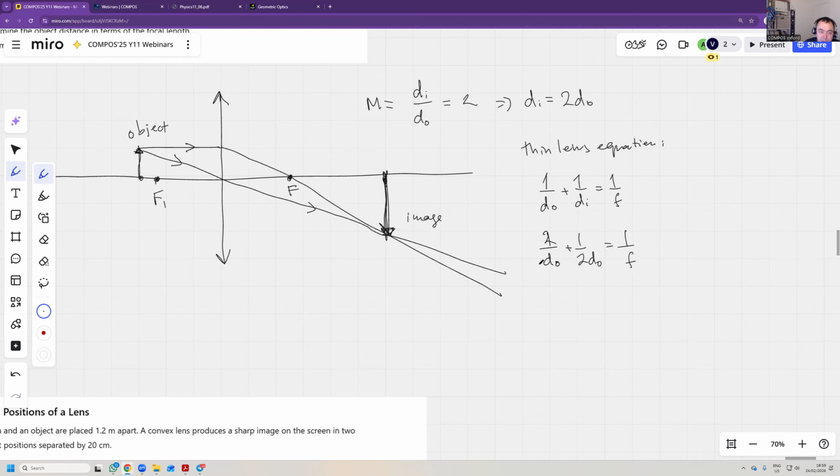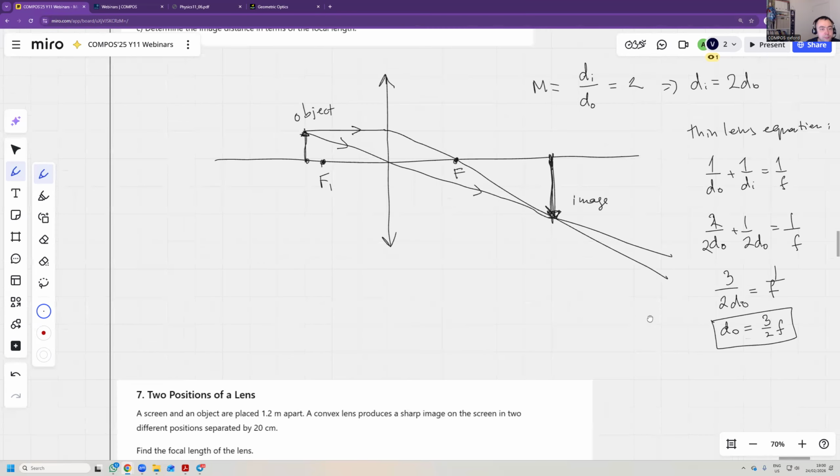So we multiply this by 2. So 3 over 2 d0 equals 1 over f. And so d0 is equal to 3 over 2 f. So 1.5 focal points. Lovely.